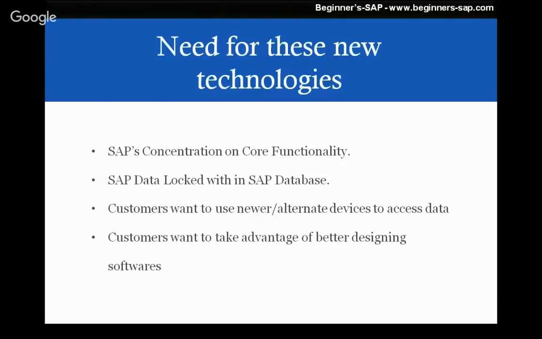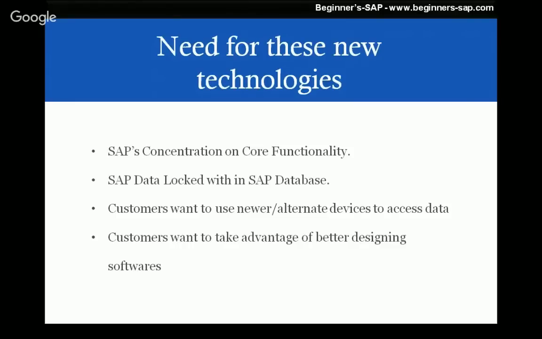We just started this session, and we're just understanding why SAP needs this new technology. Just to give a quick recap, SAP has been concentrating on its core functionality, building up new business logic, and correcting all its existing errors.